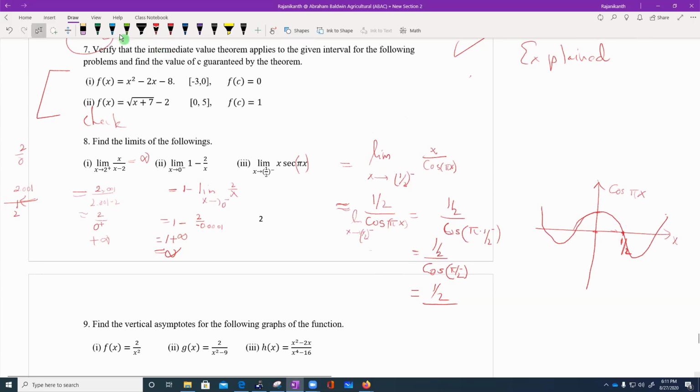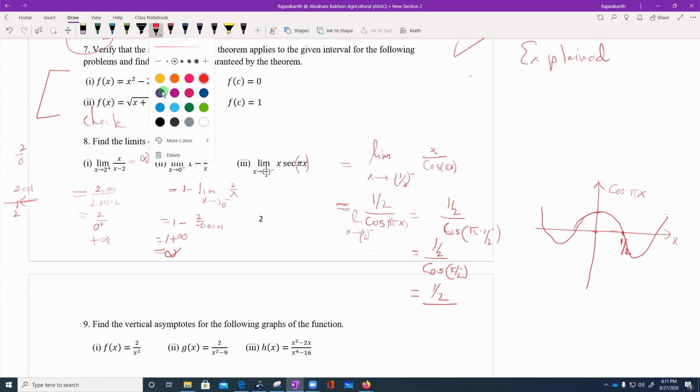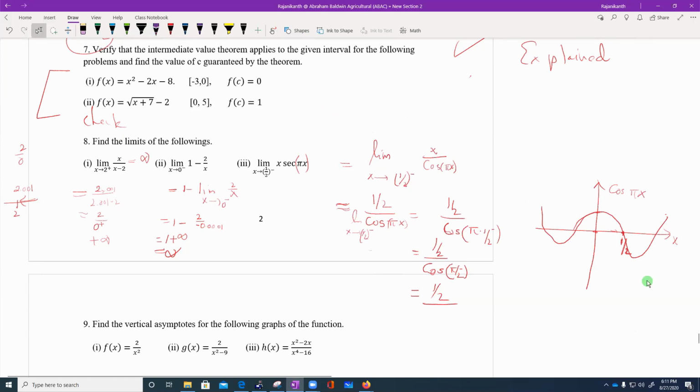Now cosine value is getting close to x half, but you are approaching from the left. That means if you look at the function is approaching 0, function value is 0, cosine pi over 2 is 0, but what kind of 0? Is that above the x-axis or below the x-axis?